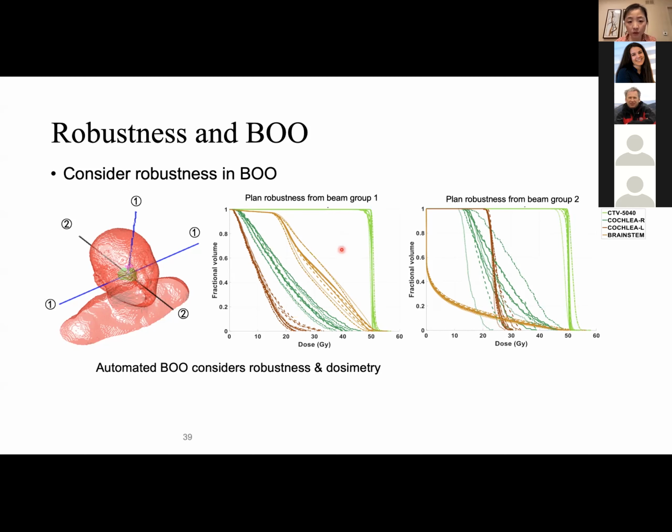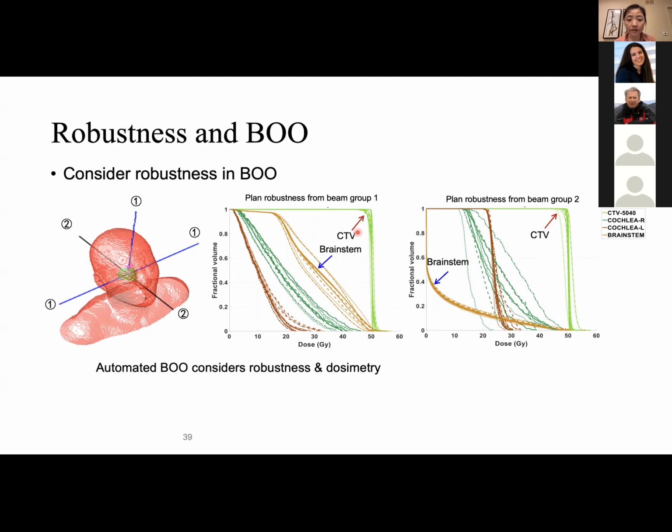So this kind of plot shows both the nominal DVH and how sensitive the plan is. The wider the lines span, the less robust the plan is. We see that for these two beam groups, group 2 has less CTV robustness, so under different cases the CTV dose will change more compared with group 1.